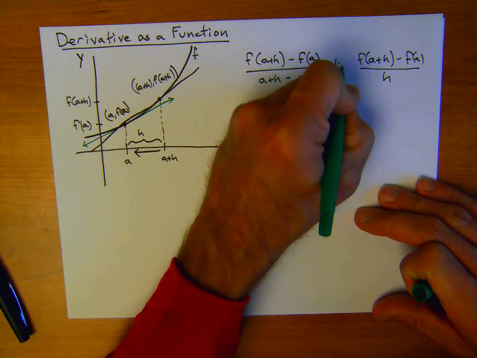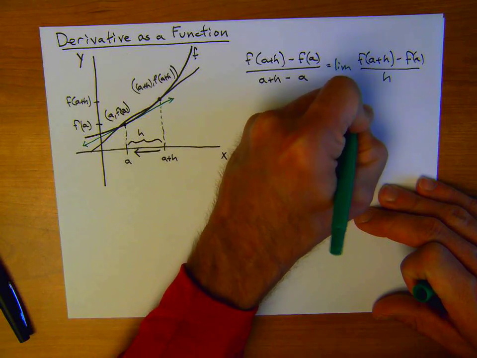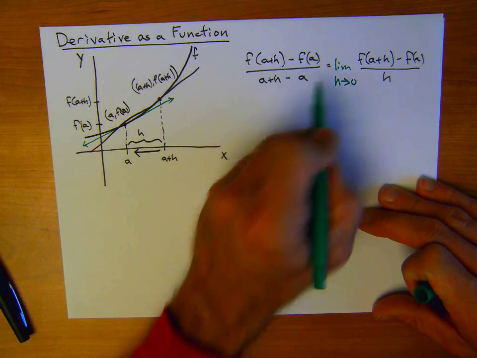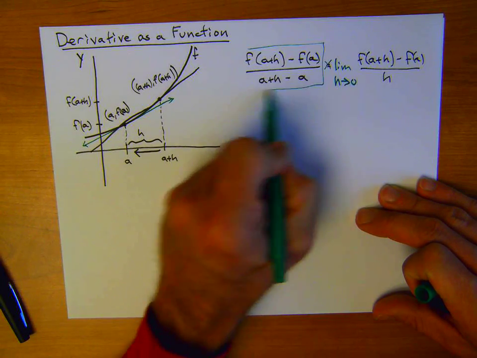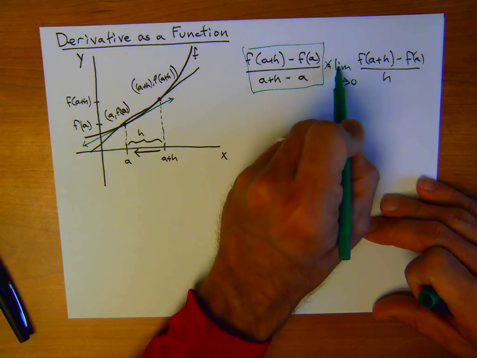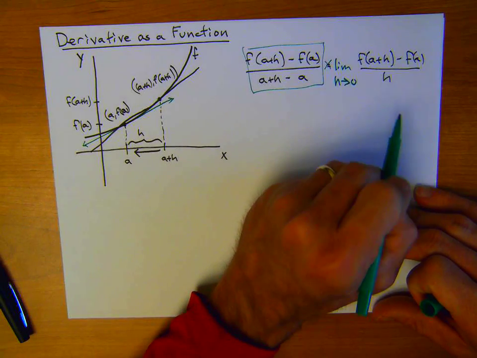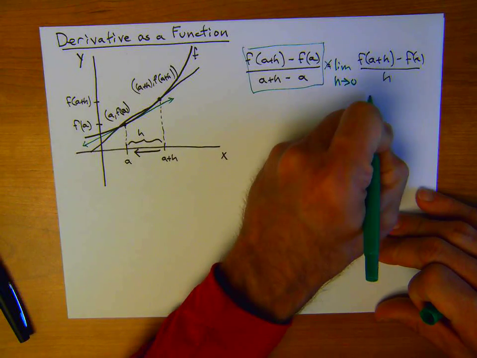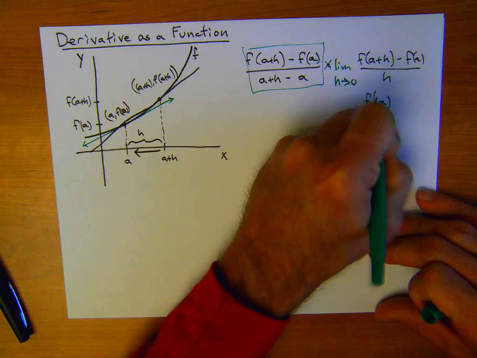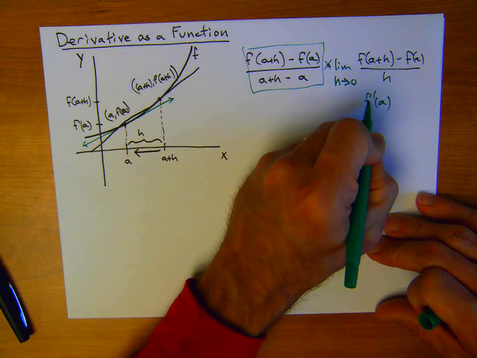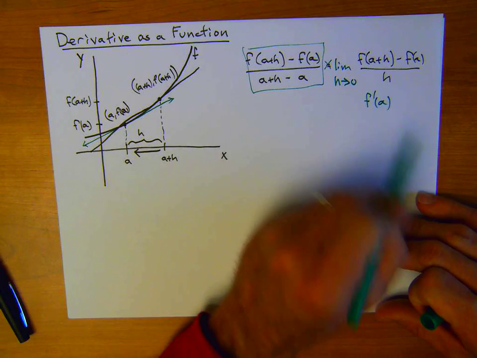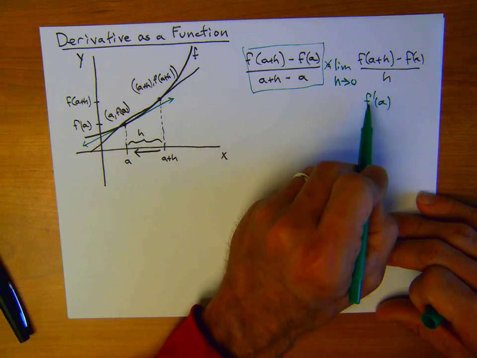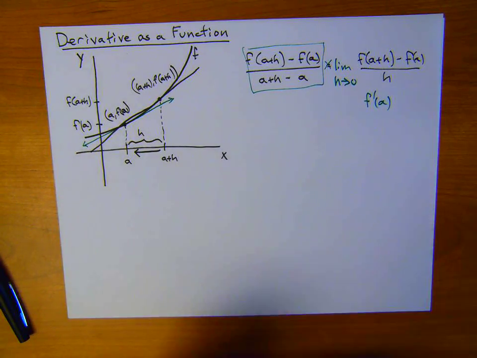So if I put this limit in front, these are actually no longer equal, but this is the slope of the secant line. If I simplify and then take the limit, this is the slope of the tangent line, which we call f prime of A. It's the derivative of f at A, or the slope of the tangent line at A, or instantaneous rate of change at A. All those are equivalent ways of saying the same thing.